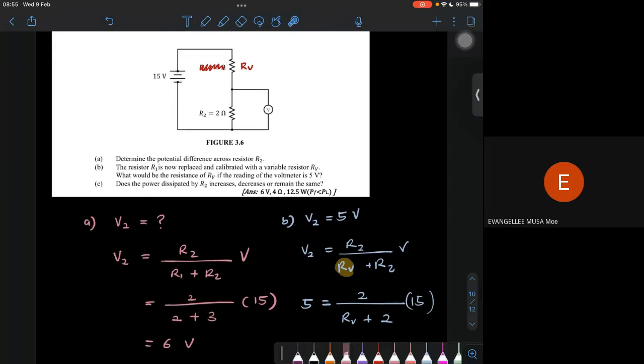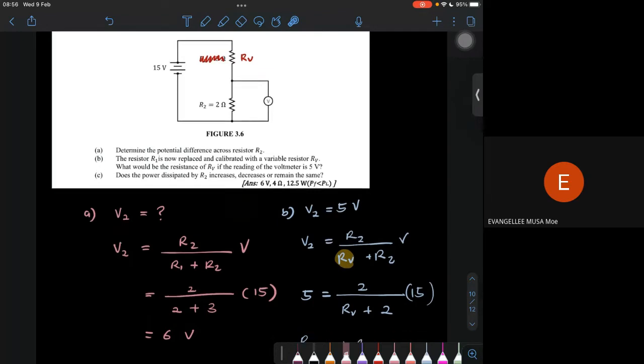And then second situation, we replace with another resistor, the voltmeter reading will be equal to 5 volt. So kita compare dua situation ni. Adakah the power at this resistance increase, decrease, or remain the same?